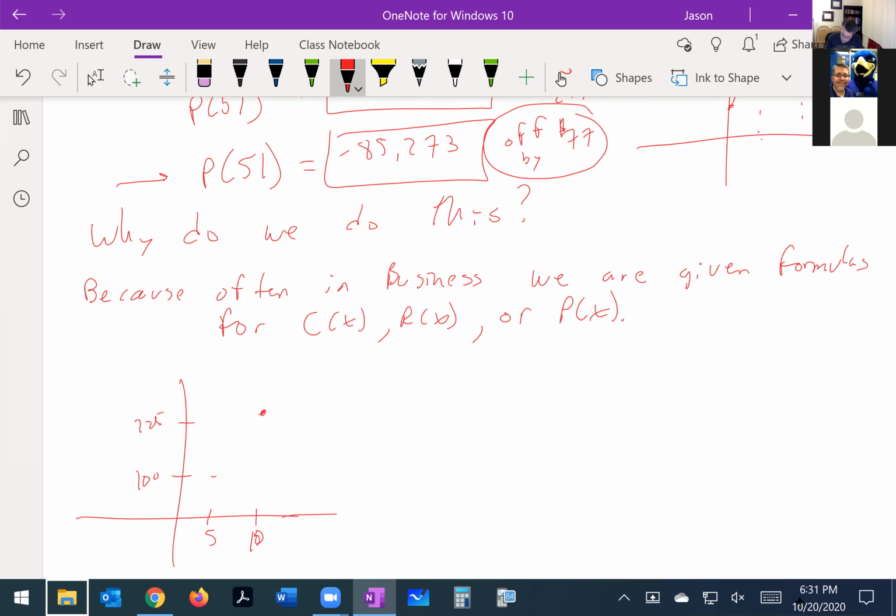And then when I sold 50 units, I made a bunch more. It looks like this is the case, but I don't know what the function is.